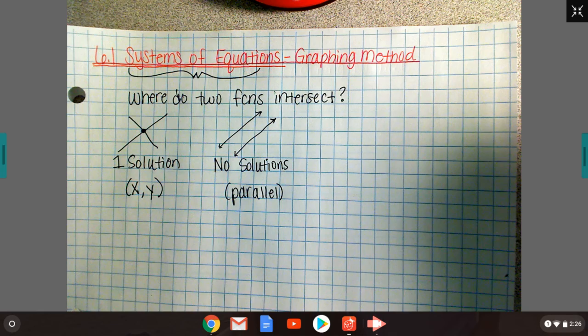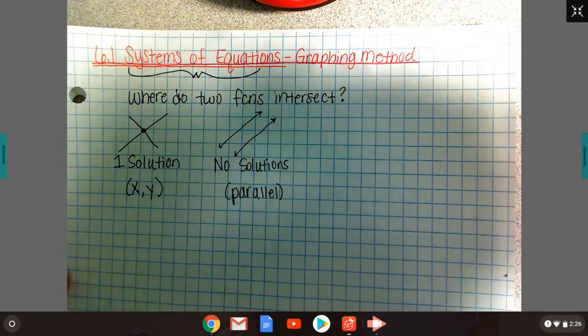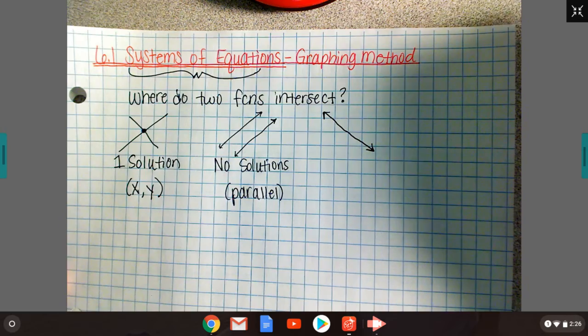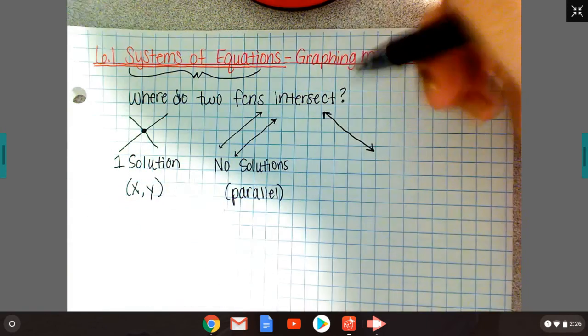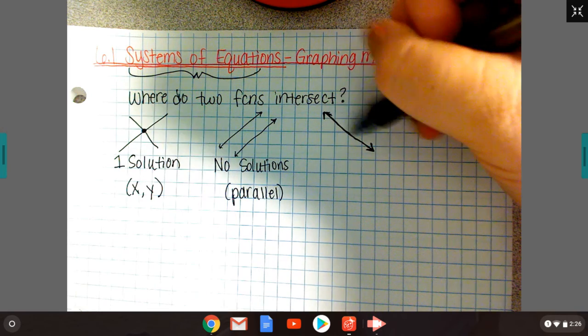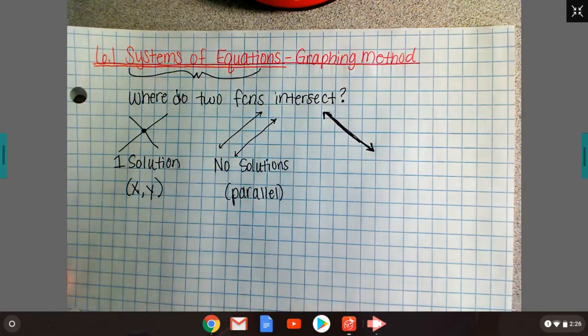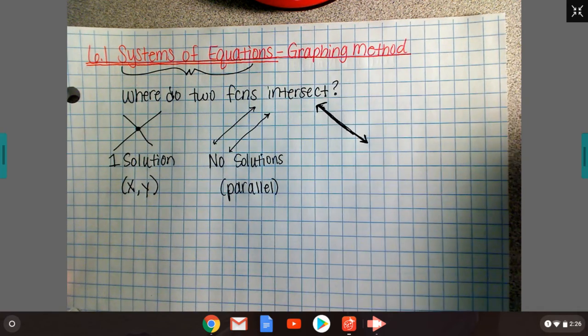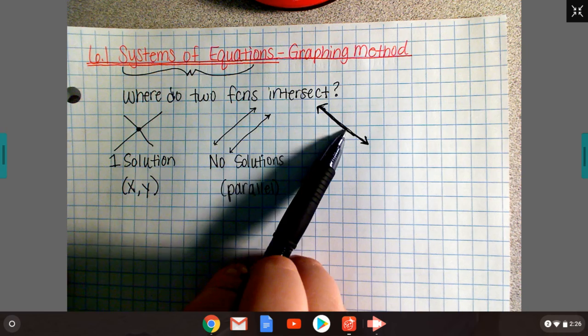The last type to consider, let me draw it like this: there's this line, and then there's this other different line that is also right here. I draw them a little bit bold. It's a situation where we have two lines that are on top of each other, or you can think of it as just being the same line. So these lines intersect at every single point available.